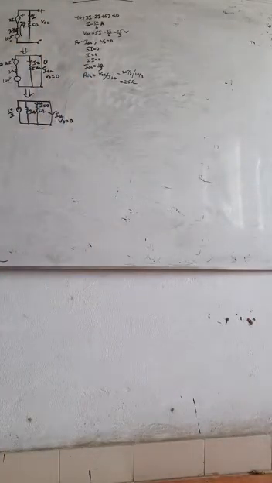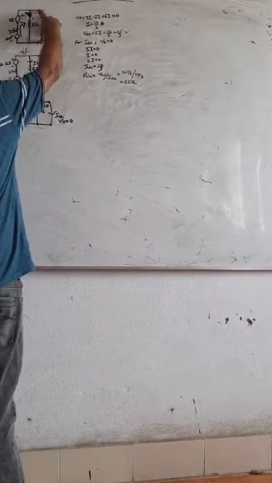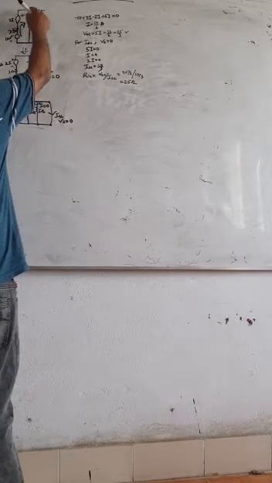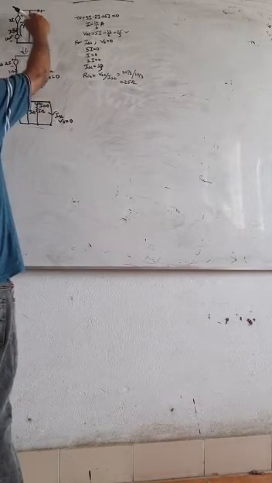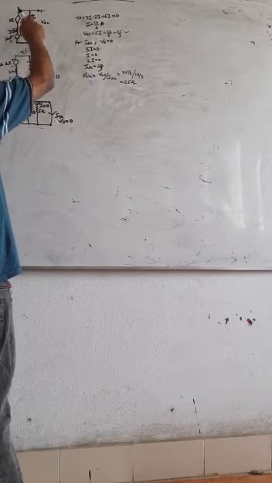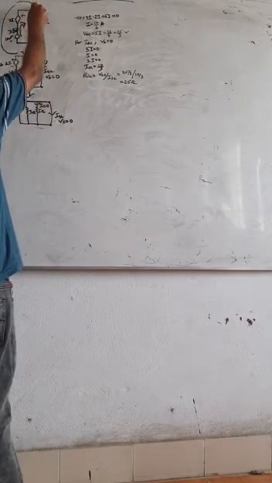So first, I have made the output terminals open circuit. This current I will flow through the 5 ohm resistor. This entire thing is a loop.